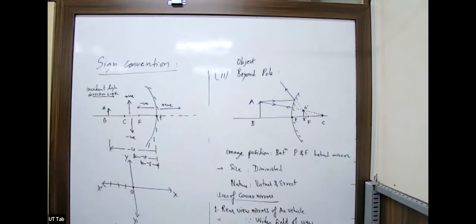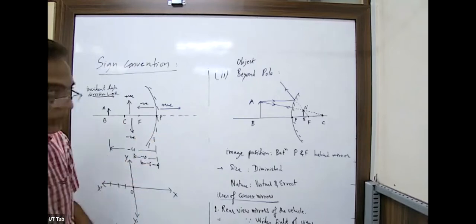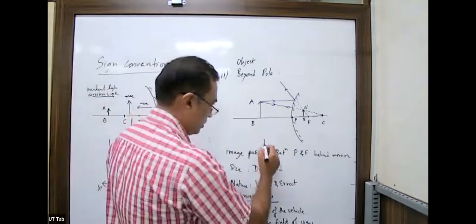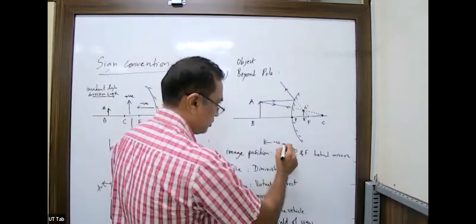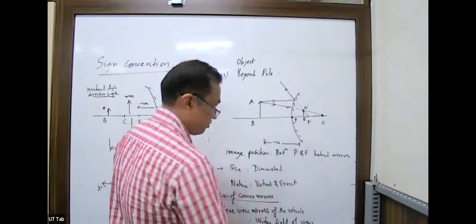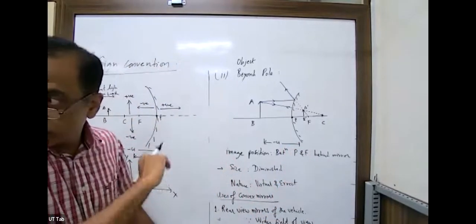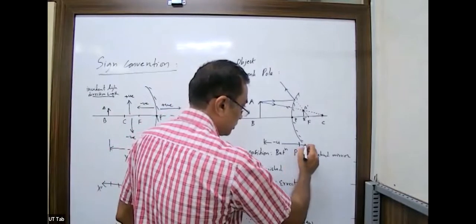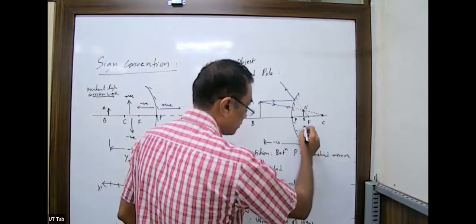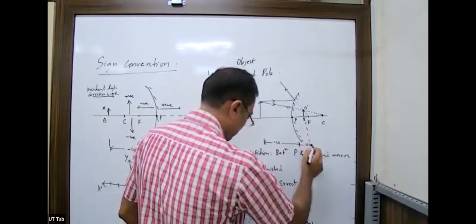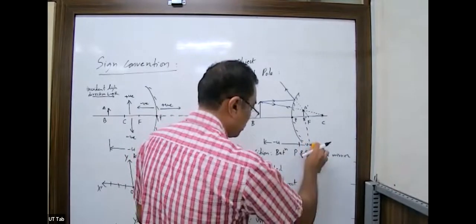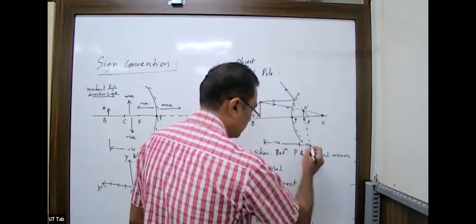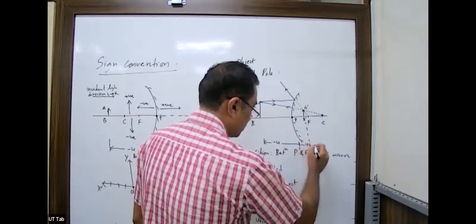For a convex mirror, what is the situation here? This is minus u. The object is always negative because it is always kept on the left side. What about the image? Positive. This is the image. What about the focus? Positive.